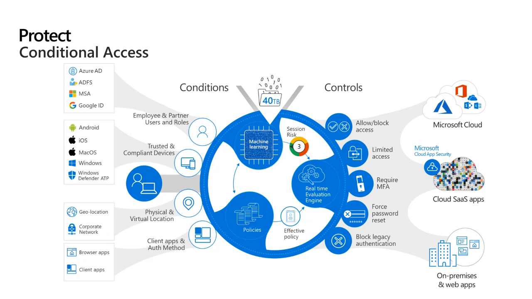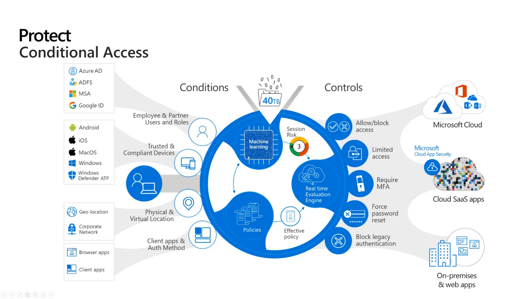So if you see here, for example, we may have a user who's using an Android or iOS device. That user is using that device to try to access certain cloud resources here on the right side. Before accessing those resources, in conditional access we have policies that are triggered through machine learning.